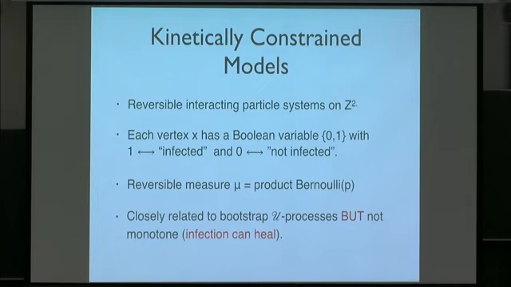Okay, so back to the model. First of all, they are interacting particle systems, namely on the lattice at each vertex you have associated a Boolean variable, 0 or 1, and these variables change in a way that forms a Markov process.